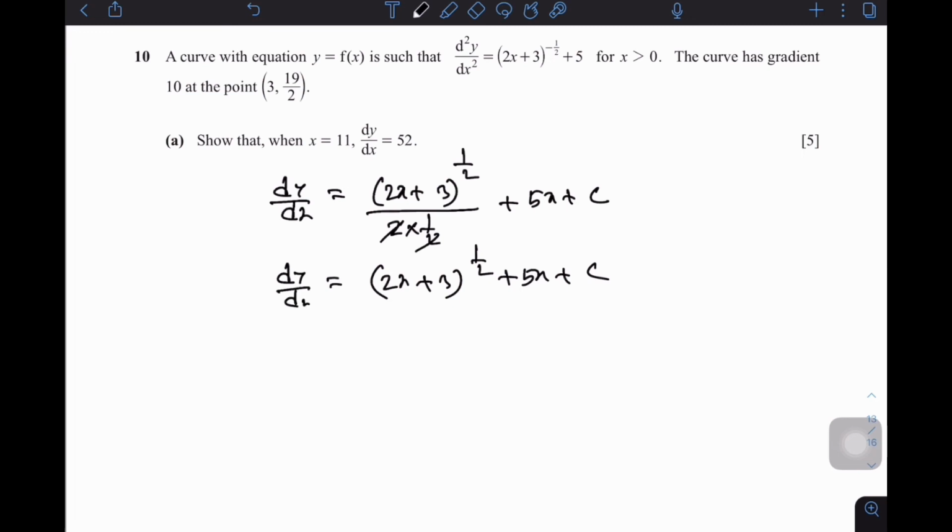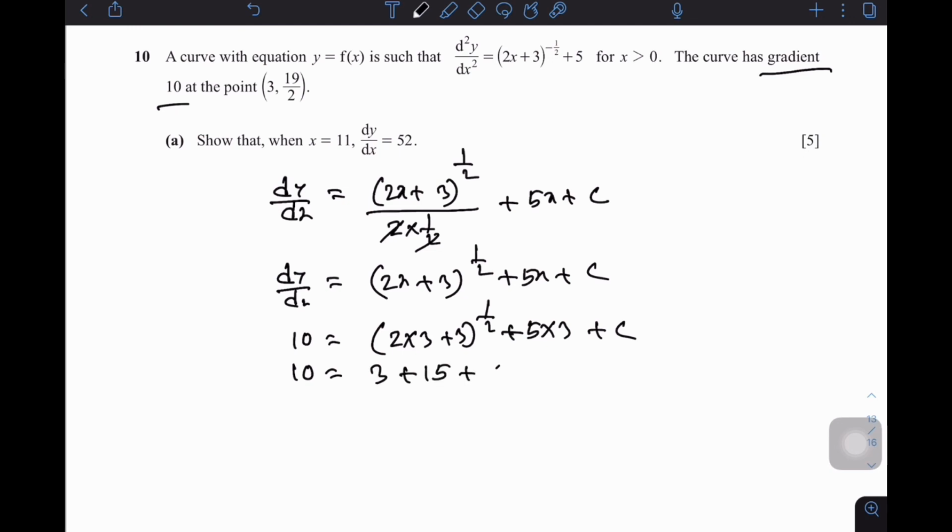Find out this constant. The curve has gradient 10, I mean dy dx is 10 when x equals 3. I mean 2 times 3 plus 3 to the power half plus 5 times 3 plus c. So 10 equals 3 2s are 6, 6 plus 3 is 9, square root of 9 is 3, plus 15 plus c.